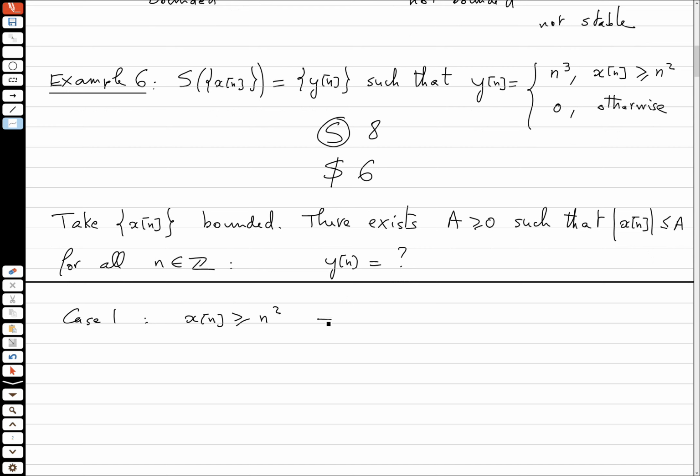But then n squared has to be less than a, because x of n is less than a, right? So n itself cannot be any number. It has to be less than square root of a. So y of n, which is in this case n cubed, will have to be less than square root of a cubed.